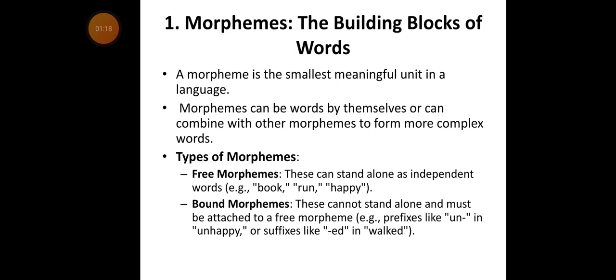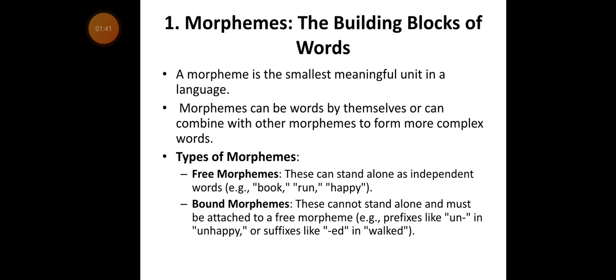Same is the case with morphemes, they are the building blocks of words. So morphemes are very important in word formation. You cannot ignore that. A morpheme is the smallest meaningful unit in a language.